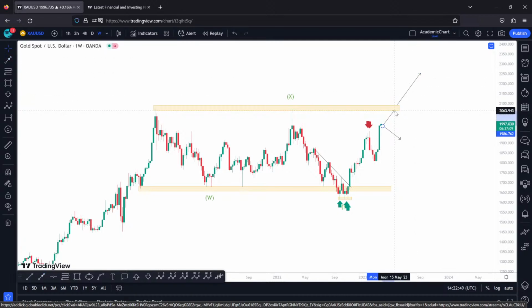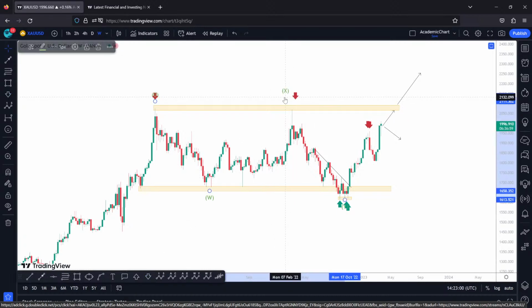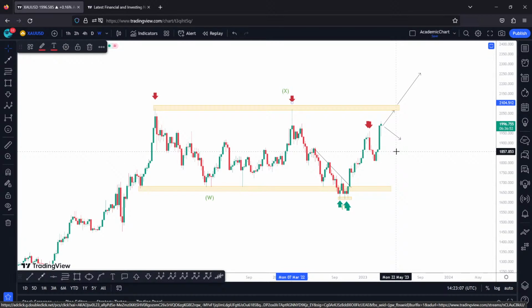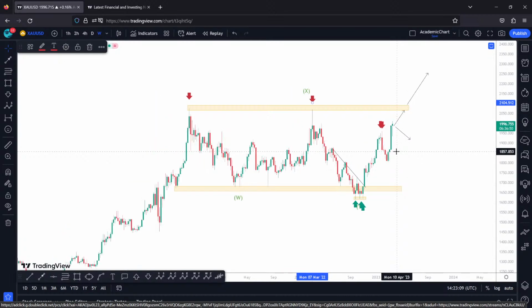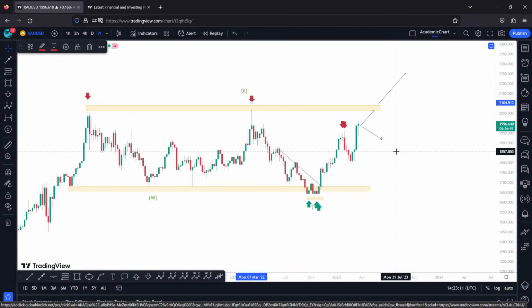But it is so tough because this is a very powerful historical resistance, the top of the chart in the whole history. And if that happens, probably we are going to have some problems in the world, because as this metal keeps increasing, it shows that the economy might have a problem.